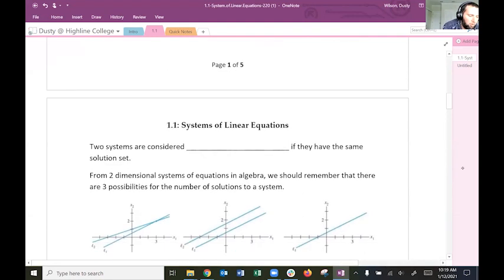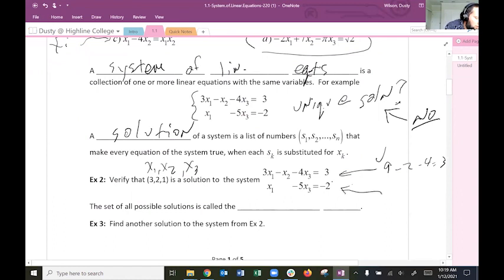Looks like the first one works, and then the second one, 3 minus 5 equals negative 2, also works. So we were able to verify it by just substituting the values in. That tells us that 3, 2, 1 is a solution.